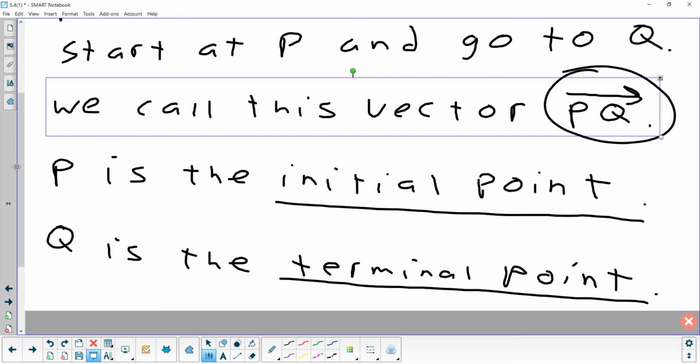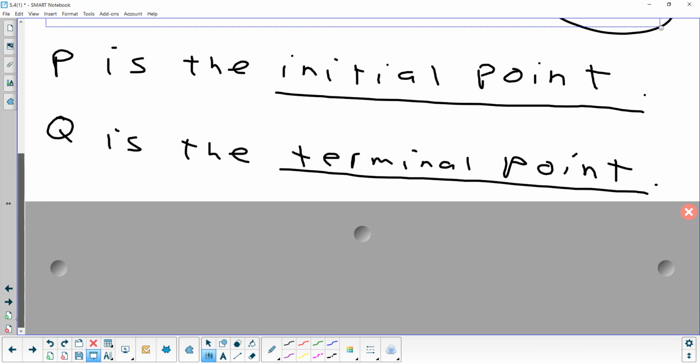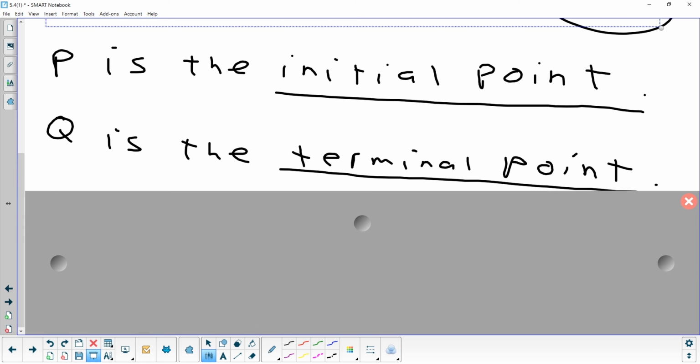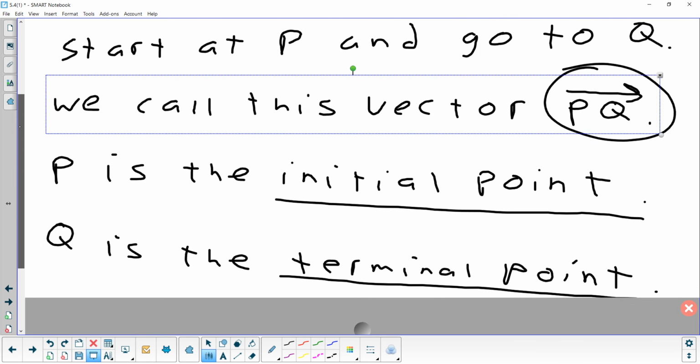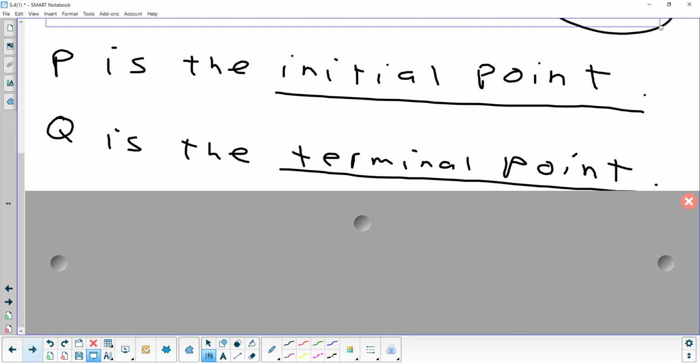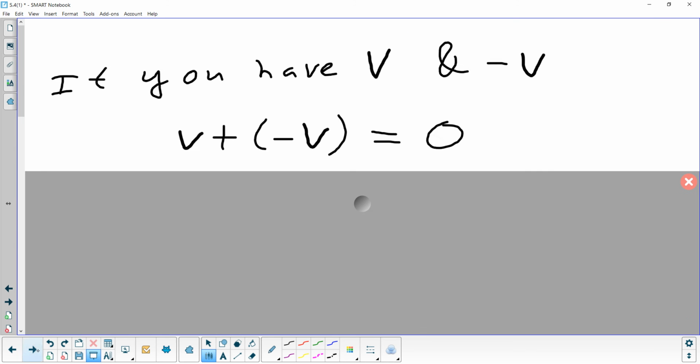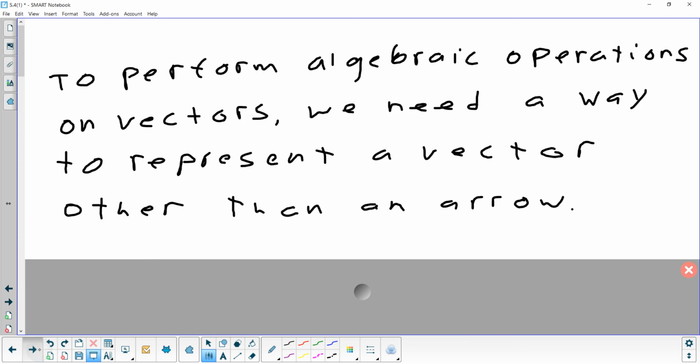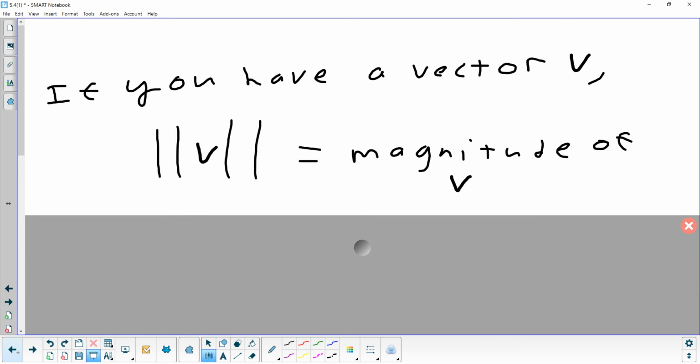So let me show you an example. What I'm going to do is bring up a grid, mark 2 points, and then show you what the vector would look like.